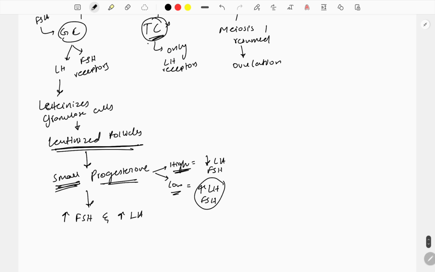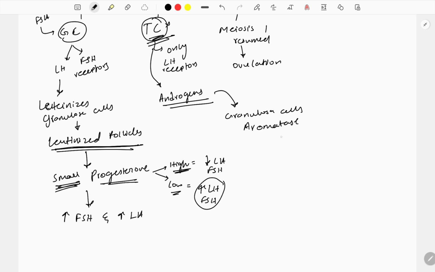Now coming to theca cells. These theca cells produce androgens. These androgens enter granulosa cells, and with the help of the aromatase enzyme, this androgen is converted into estrogen, E2.